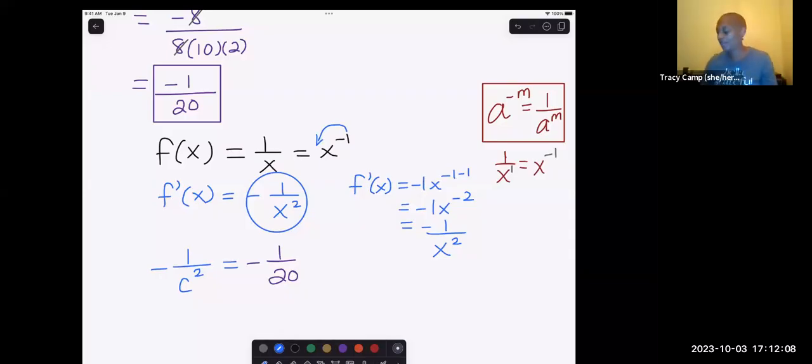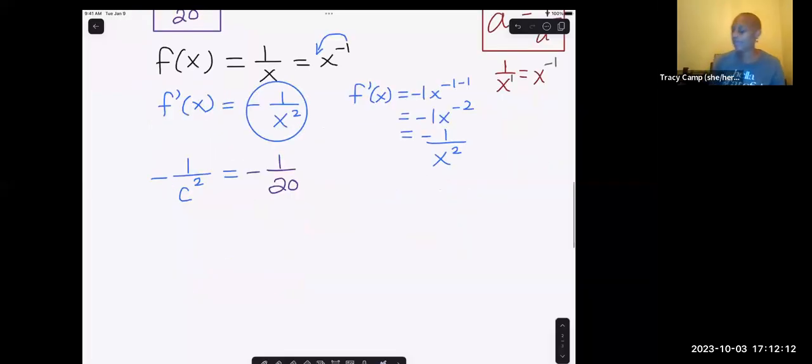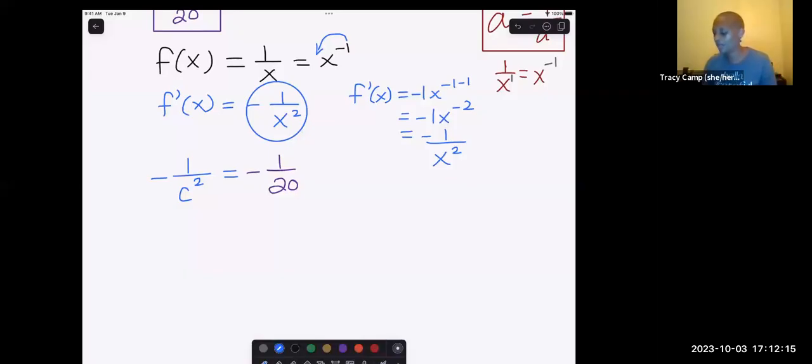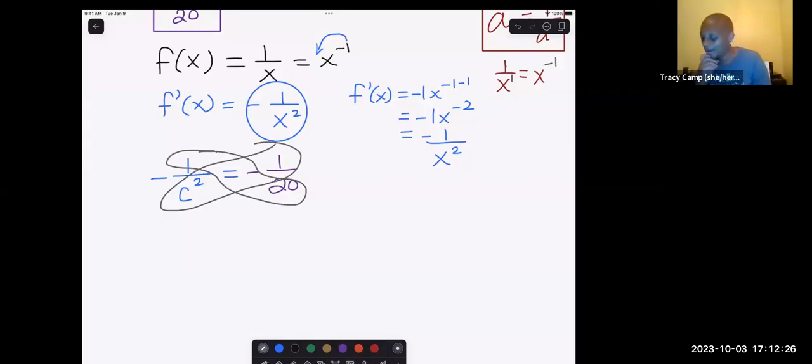So I'm going to solve this equation, -1 over c squared equals -1 over 20. I think I'll cross multiply, which is really just multiplying both sides by the denominator.